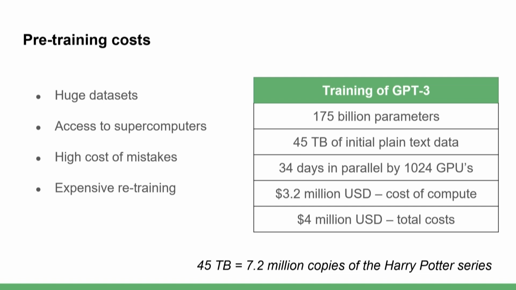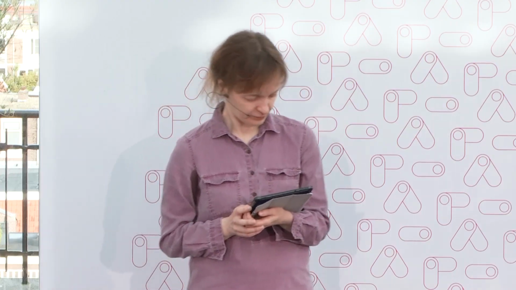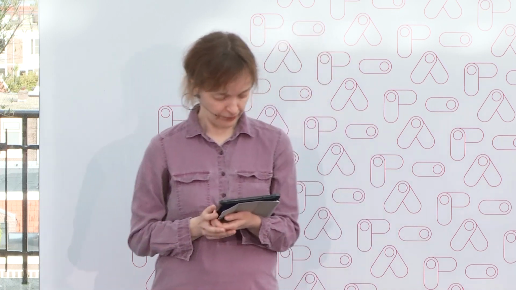That's how big that data is. And the total training cost was about $4 million US dollars. That also means a high cost of retraining in case I want to change something. So would I do it from scratch? Probably not. So what should I do?